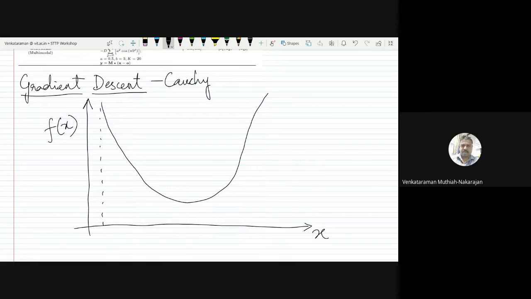I'll call this x-min, and this one is x max. Our primary interest is to find an optimum or minimum point, that is this one. The x star would represent the global minimum in this case.